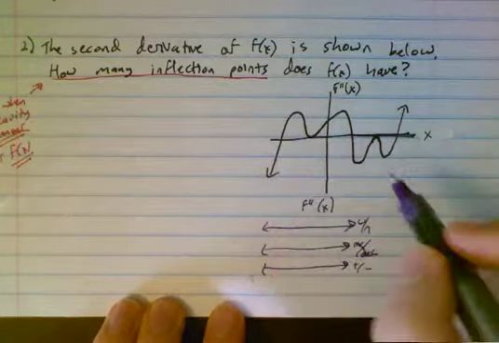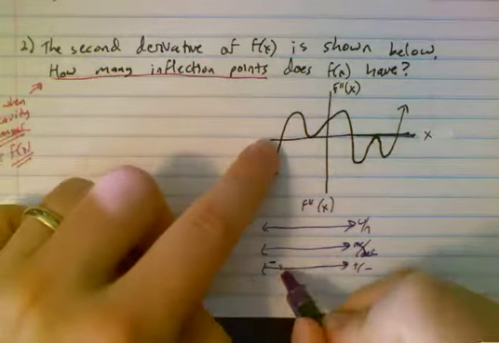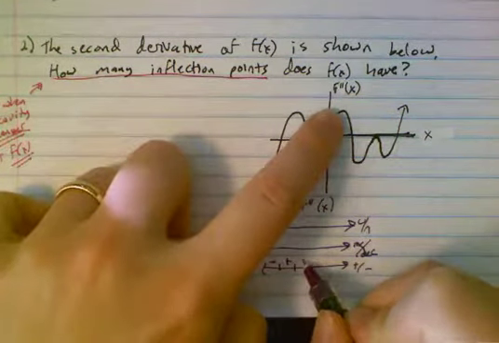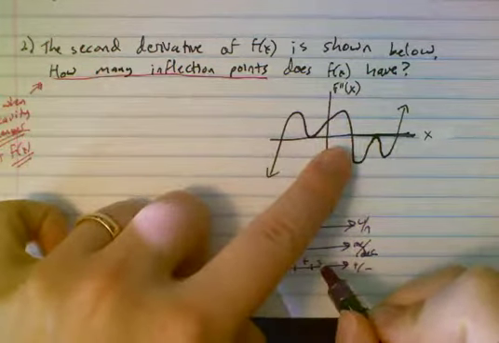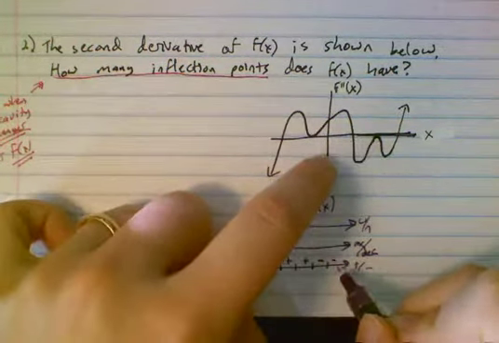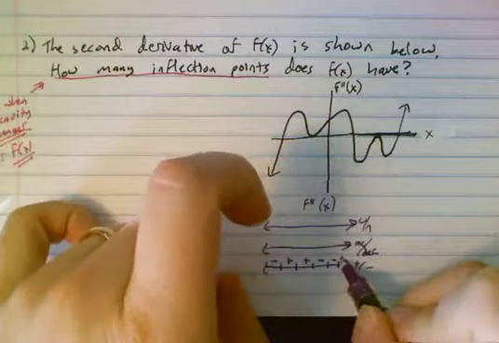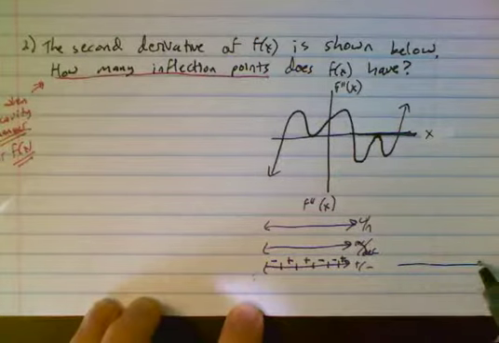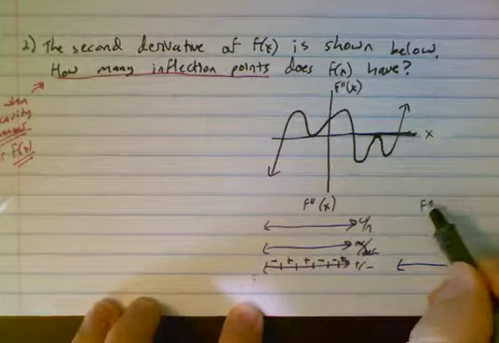I mean, we can see that this is clearly below the x-axis, and then it switches to being above. Then there's another 0, and then it's still above. And then there's a 0 and it's below. And then there's a 0 and it's below. And there's a 0 and it's above again. So that's still enough information for us to translate to f of x.